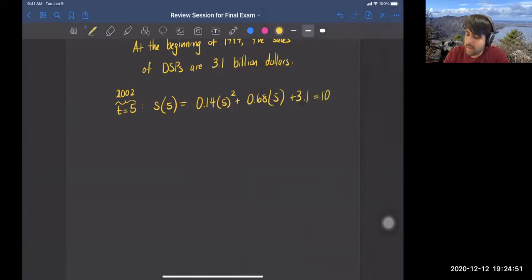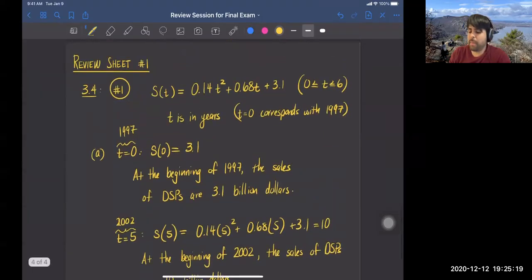So at the beginning of 2002, the sales of DSPs are $10 billion. So that's part A.